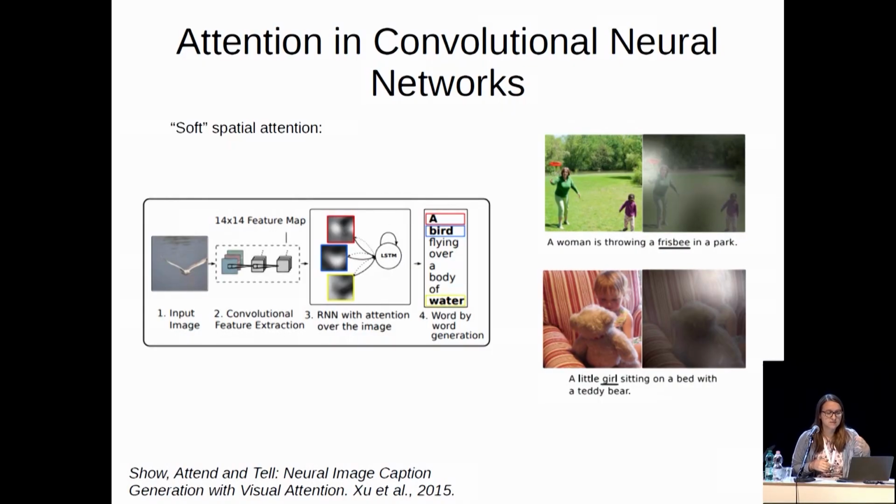As it's outputting the words, the underlined word is the word currently being outputted by the model as the caption, and you can see that the part of the image that the network is upweighting is where the frisbee is, which is the word it's producing. So in this case, the attention can be thought of as differential weighting of its own input. It wants to pay more attention to this spatial location, and so those inputs are scaled up.